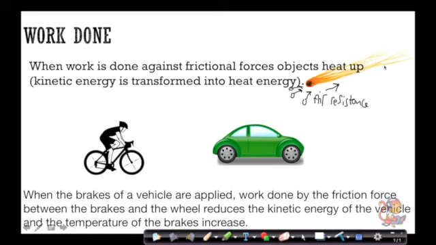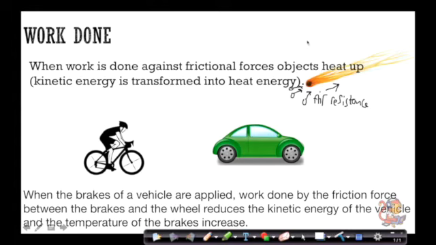Now the meteorite itself, as it's moving, it's going to be transferring kinetic energy, and because it's moving against this frictional force, the object will heat up because the kinetic energy is transformed into heat energy. That is why you get these meteors burning up in the environment.